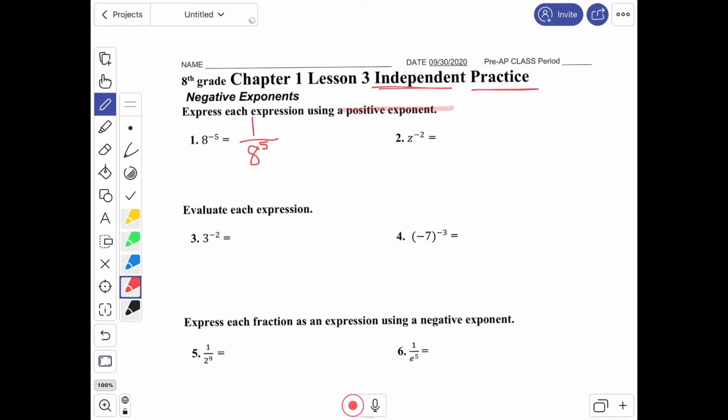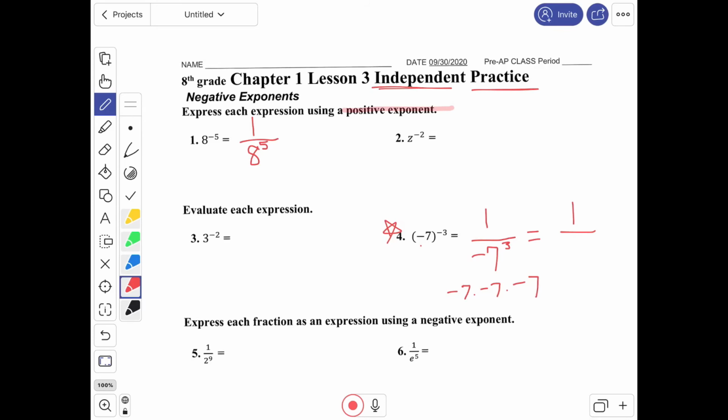So, for example, let's do number 4 because it's got all those negatives. First, I take the base and write it as the denominator and change the exponent to positive. Then we put a 1 as the numerator. Now I want to solve that. So 1 is going to stay on top, but the bottom is negative 7 times negative 7 times negative 7.